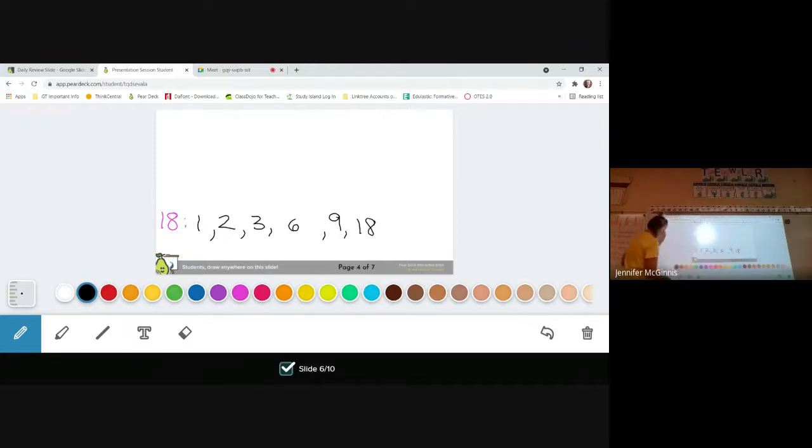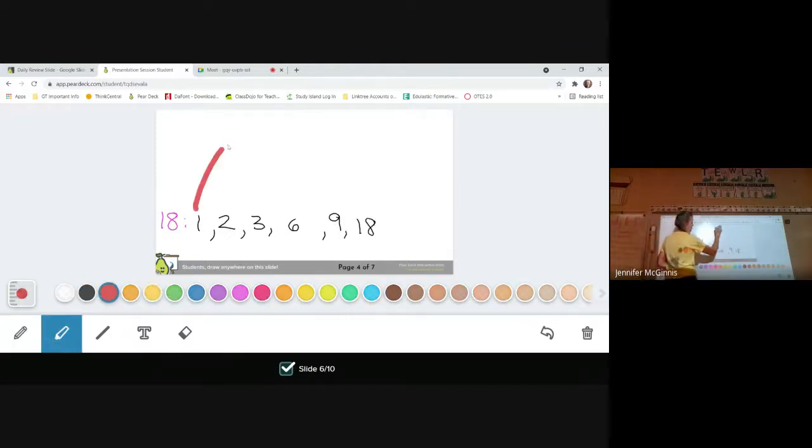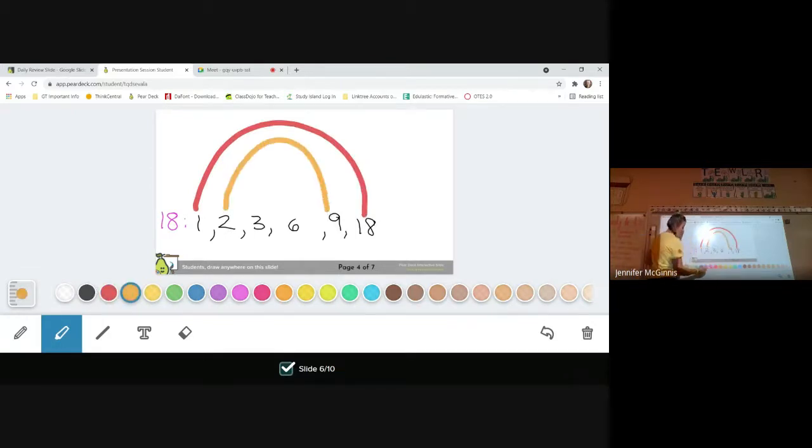1 and 18. You have just drawn your first factor rainbow. This number goes with this number. This number goes with this number. And this number goes with this number.